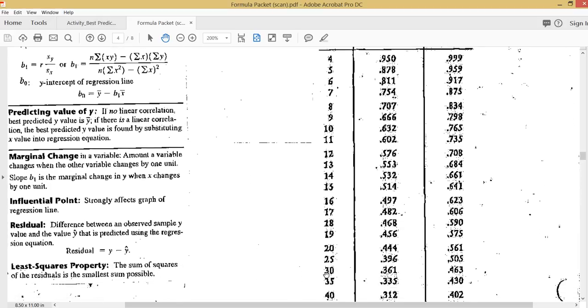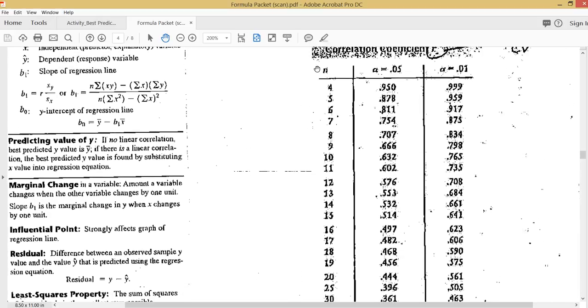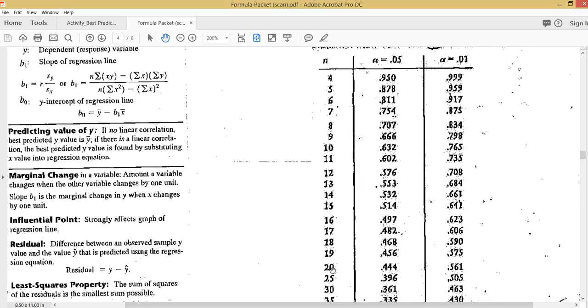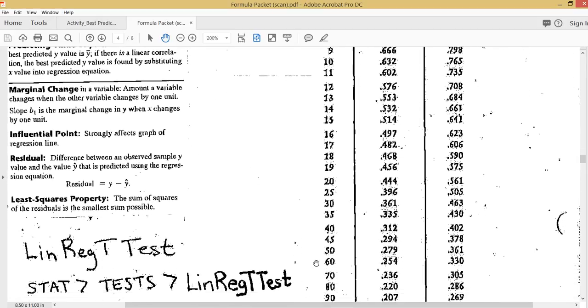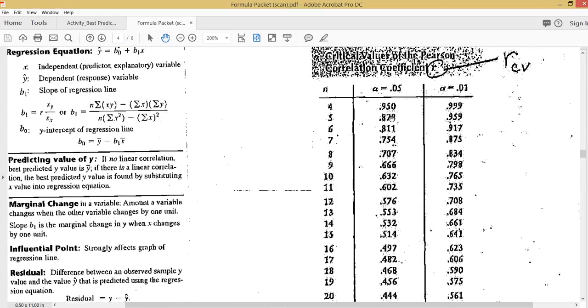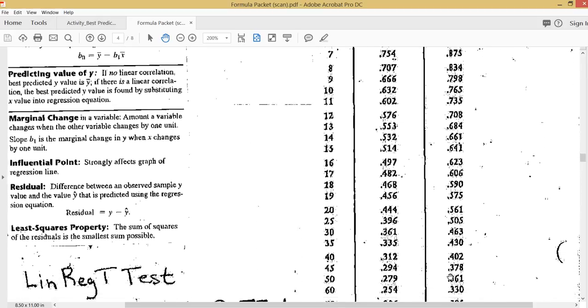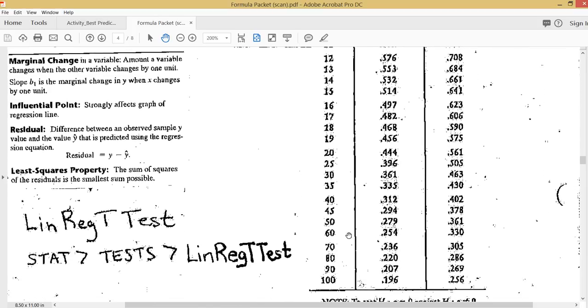We had 60 pieces of data, so the little n, sample size of 60, we want to be down here in this row. And then we have two significance levels we could go with. This problem told us to go with 0.01, so we'll be looking in this column on the end here in the row for 60, sample size 60. So our critical value for this will be 0.330.